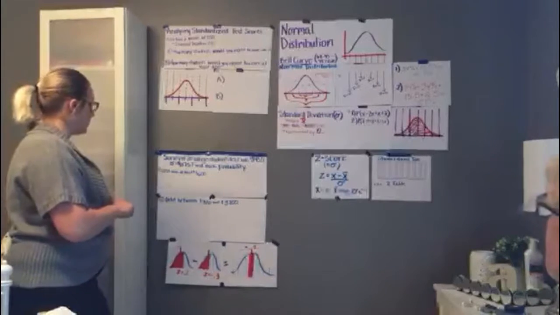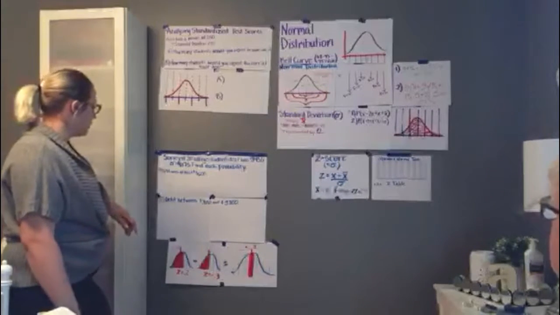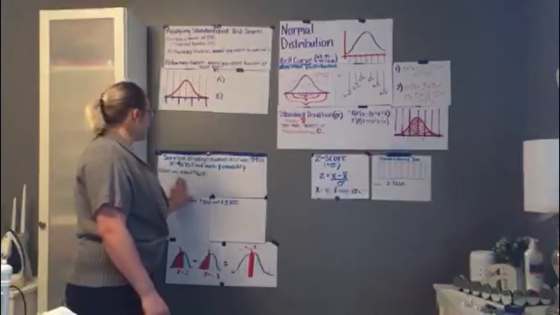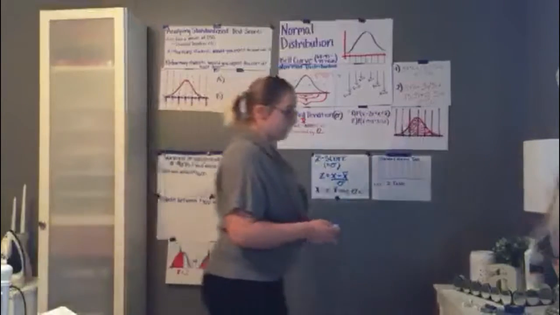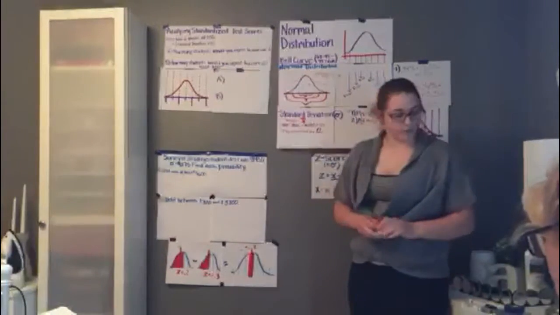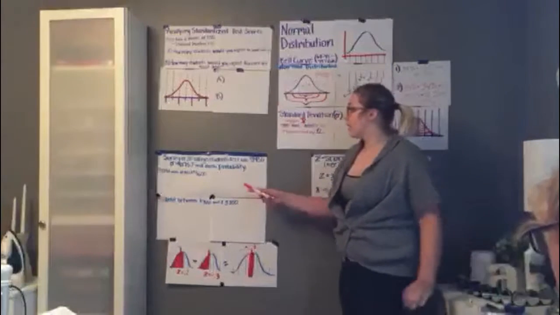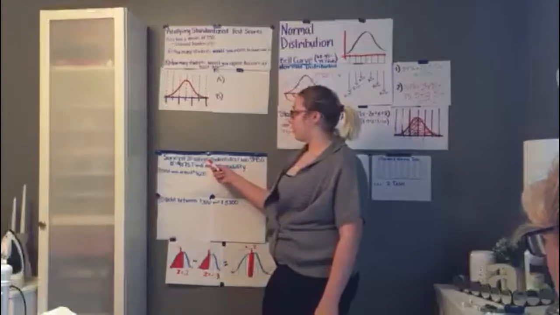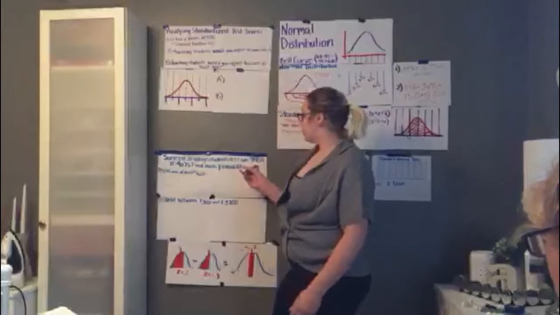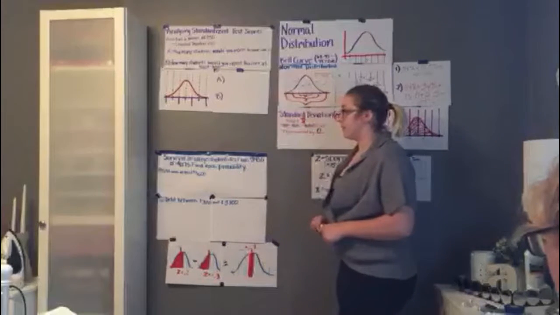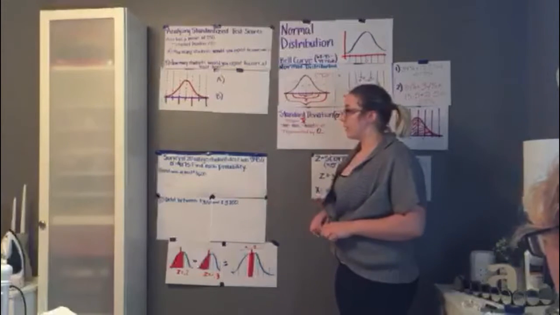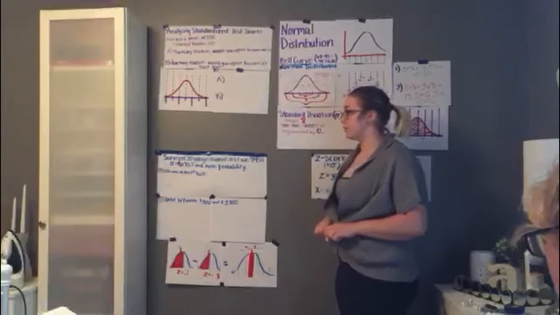So, before we move on with that, we're going to do another one of our bell curve problems. So, a survey of 20 colleges, students' debt was $3,450 with a standard deviation of $1,175.